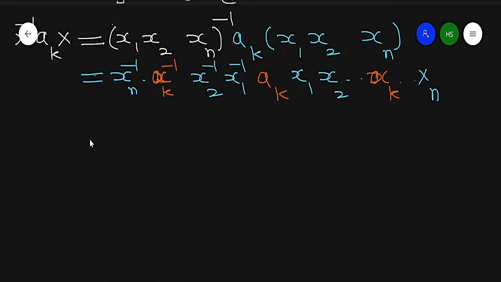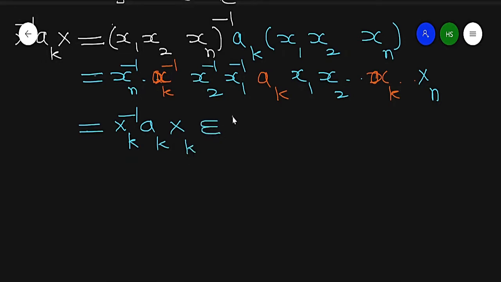So what we get is that all other terms will cancel each other, and the remaining terms we will get are xk inverse ak xk. So all the members belong to Hk.